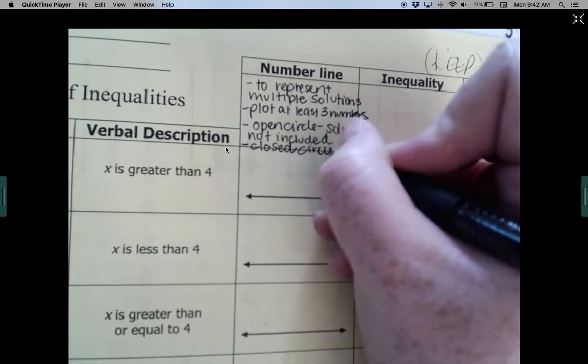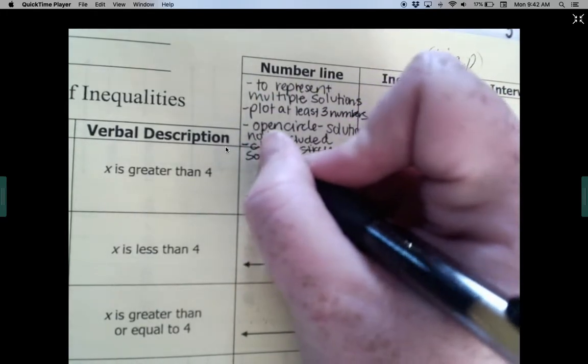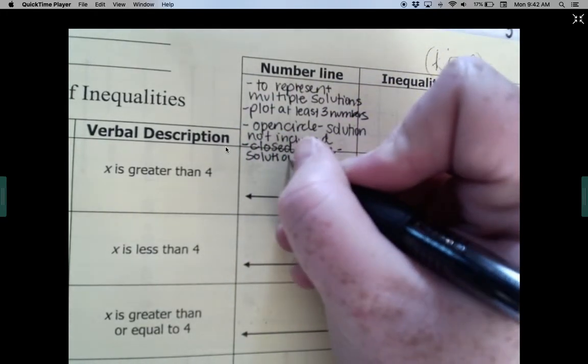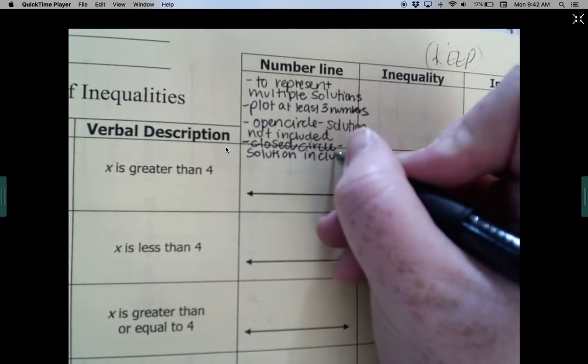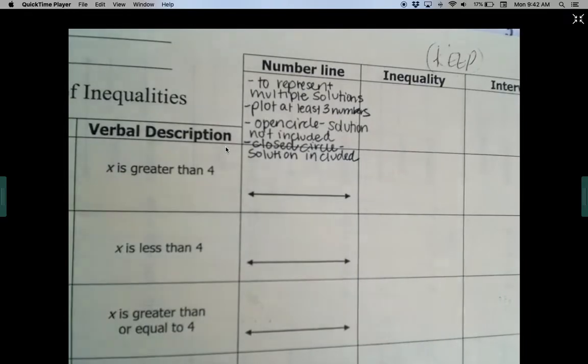Closed circle, which means your solution is included. I should have provided more space to write, but I didn't, so I'm sorry. So, your number line needs at least 3 numbers, and it's used to represent multiple solutions.